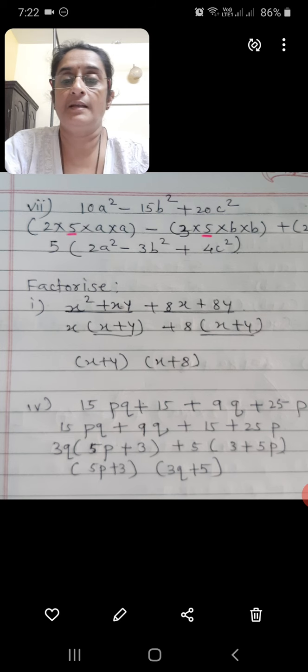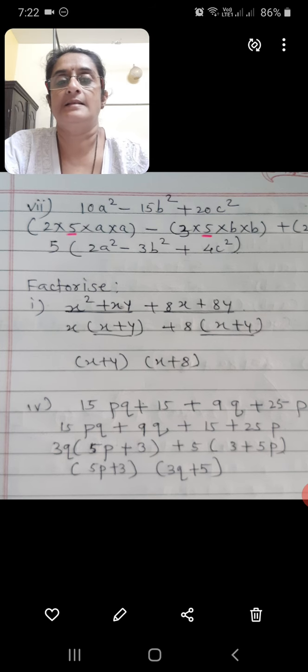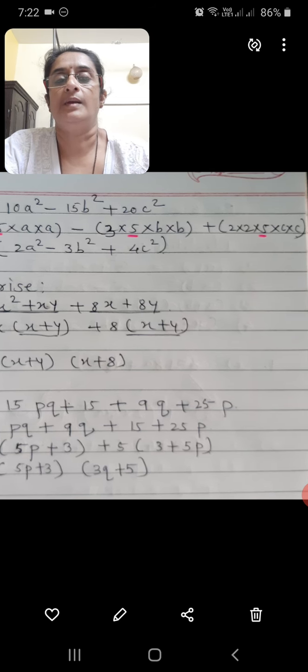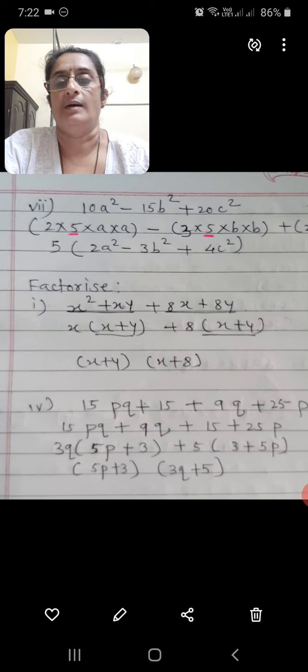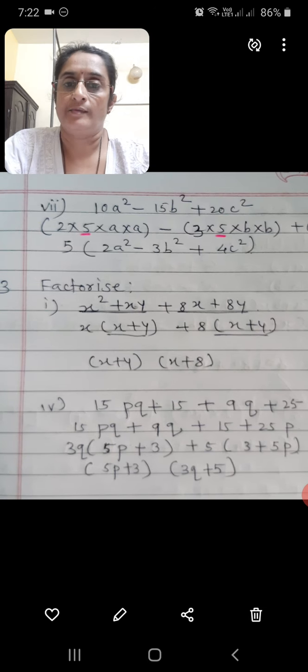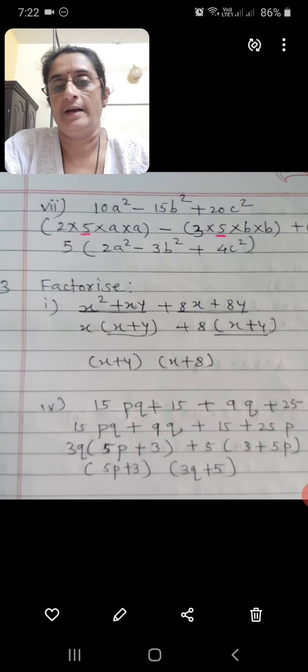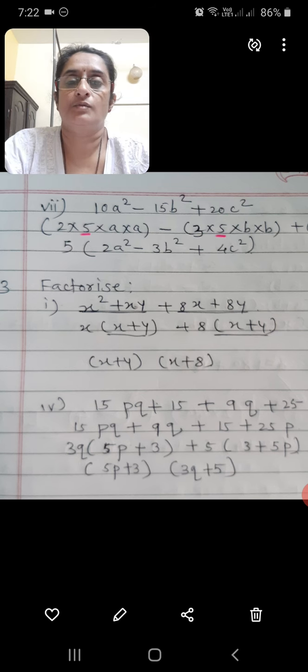After removing 5 from the first term, what will remain? 2 into a into a, that is 2a square. In the second term, minus 3b square remains, and from the third one, plus 4c square remains. So the two factors of the given expression are 5 and 2a square minus 3b square plus 4c square.